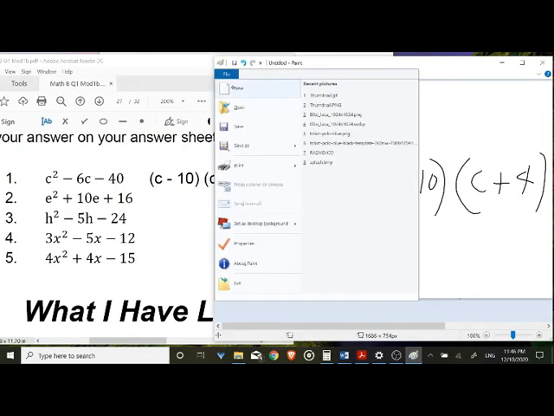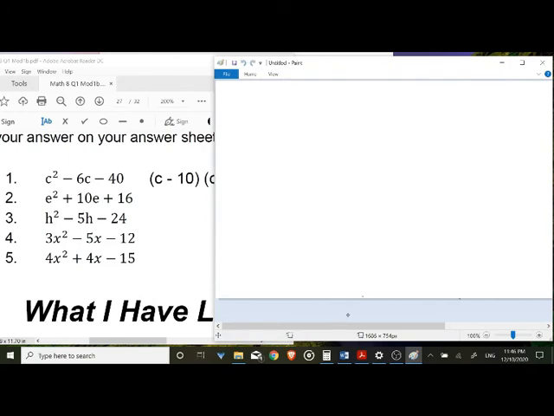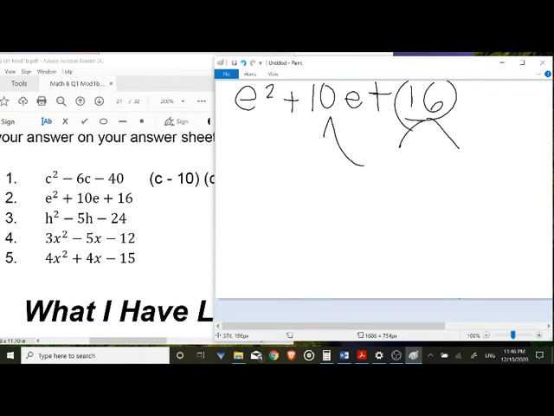Number 2. Still, 1 pa rin ang ating leading coefficient. So, focus lang tayo sa factors ng ating third term, which is 16. So, what are the factors of 16? That when we add is equal to 10.